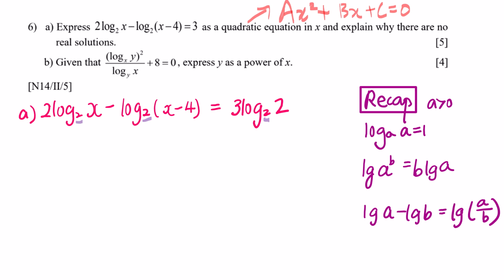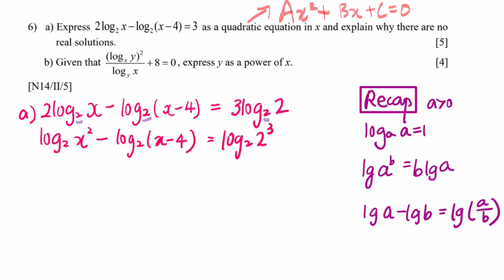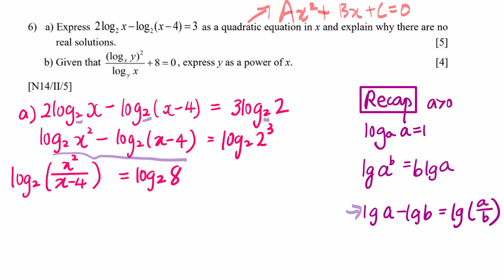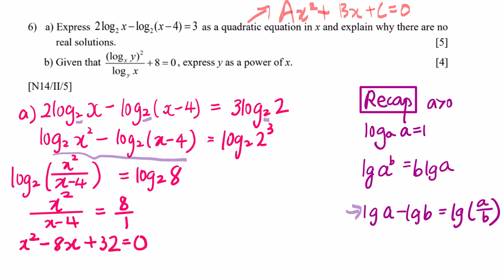All we need to do is to apply the power law, and this one here will be similar to the quotient law here. And since we have log base 2 on both sides, we can just remove it and do a cross multiply. And that's how we arrive at getting a quadratic equation in x.